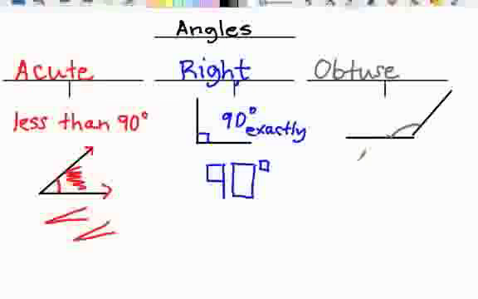So an obtuse angle, it's obnoxious, it's huge, it's greater than 90 degrees because it's so big and obnoxious. Greater than 90 degrees. A right angle is right, it's exactly 90 degrees. And an acute angle is less than 90 because it's so cute and little. Those are the three kinds of angles, their definitions, what they look like, and their measures.